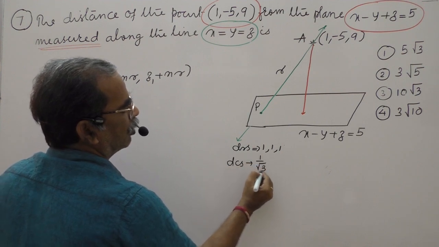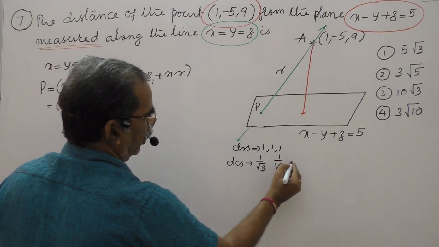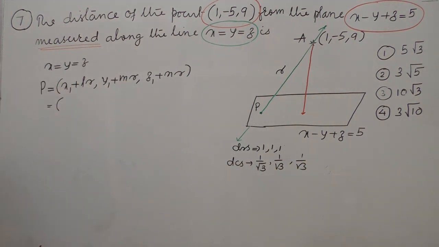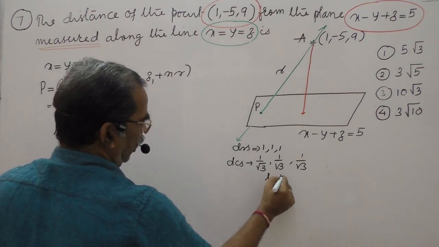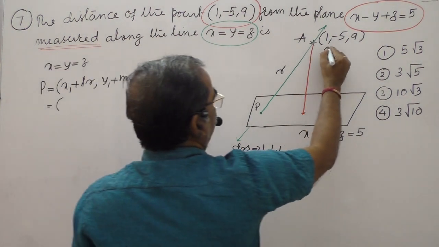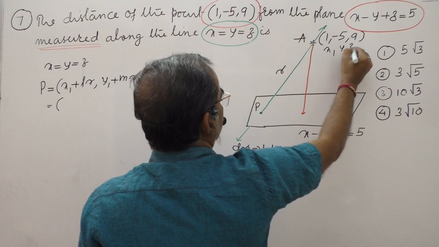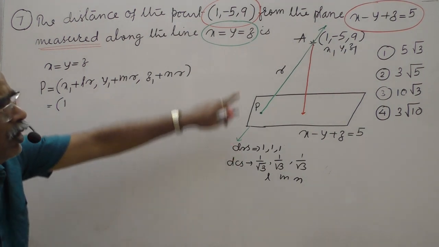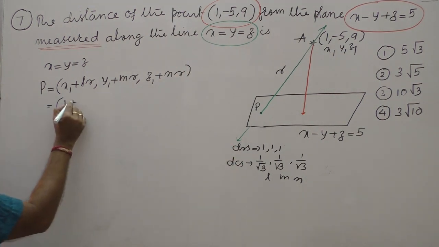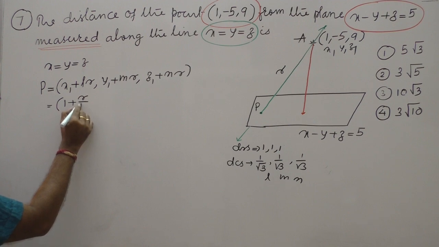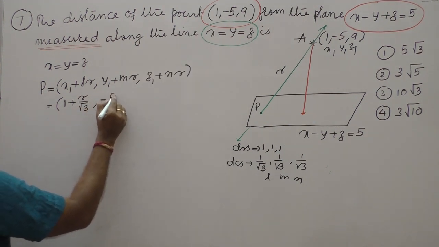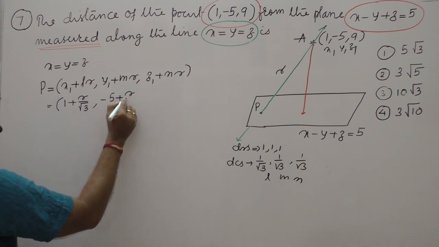DCs will be 1 by root 3, 1 by root 3 and 1 by root 3. These are the LMN values. We will put here x1 is 1, LR, L is 1 by root 3, R is to be found. Comma, y1 is minus 5, MR is R by root 3 only.